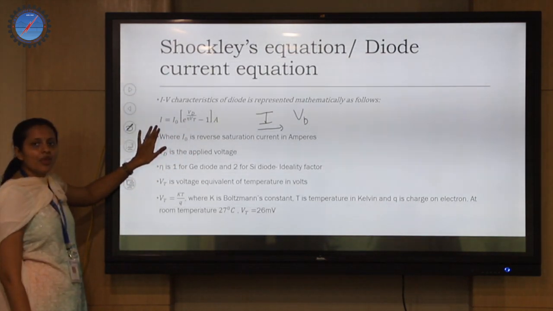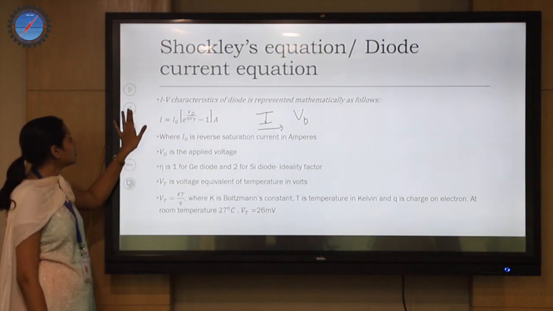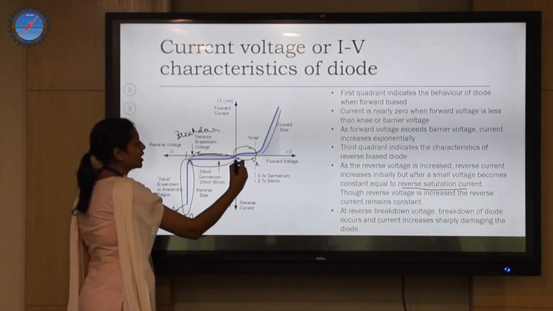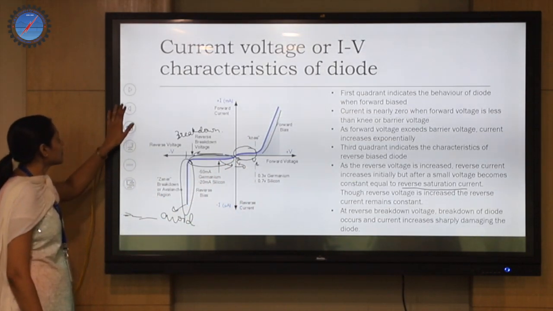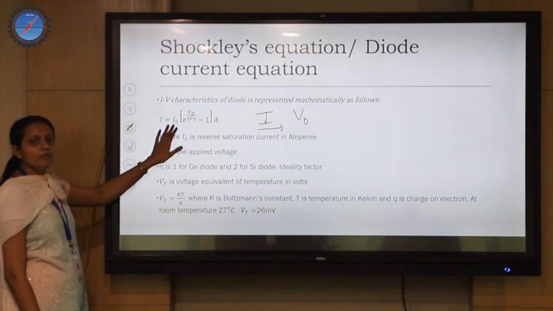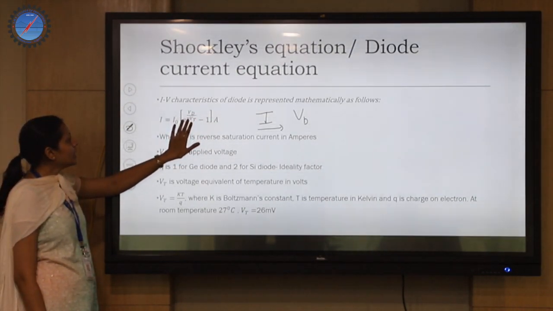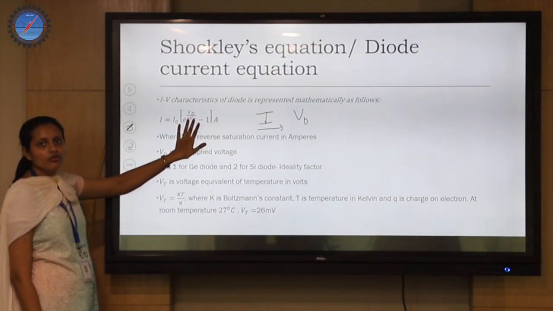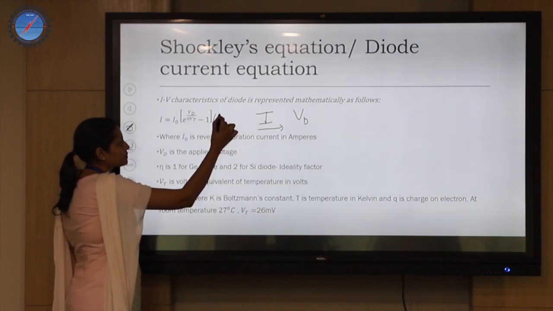So I, which is the current flowing through the diode, is equal to I naught, where I naught is the reverse saturation current, the constant current that you are seeing here. I naught into e power Vd divided by eta into Vt, minus 1, in amperes. This is the unit.